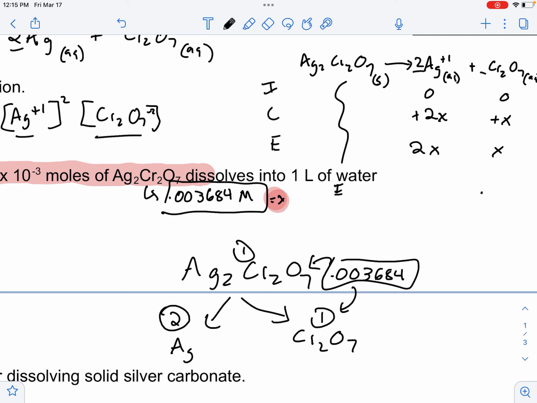our second E in our ICE table. x is going to equal 0.003684. Now 2x would be 2 times that value. I'm going to do a little bit of rounding here, but it's 0.0073.